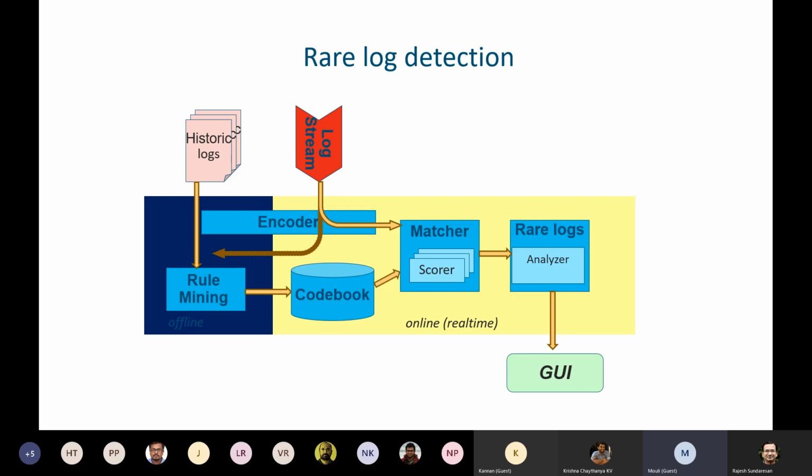We do all the analysis, and then we extract the statistical template, the constant and the variable part. And then we calculate a hash function of the constant parts of a log, excluding the variable part, and then we store that hash.